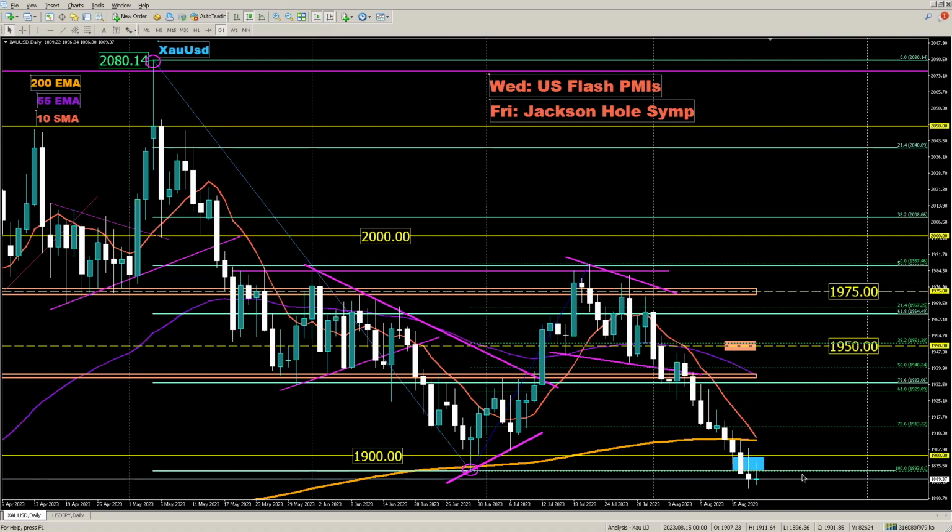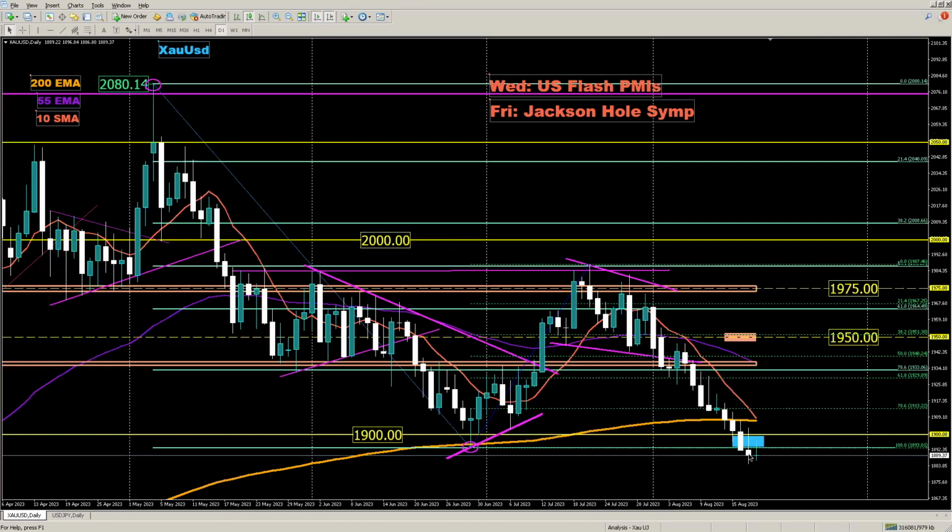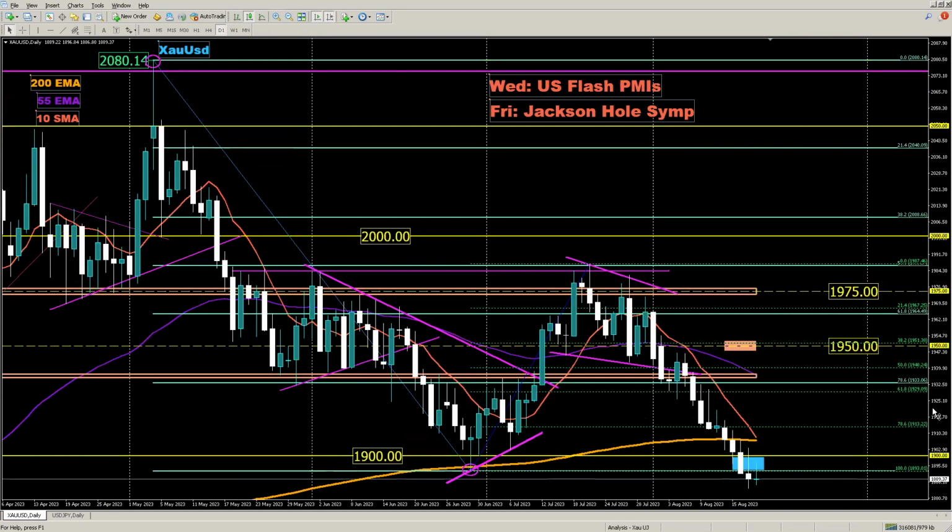So it's sitting precariously just below the swing low here. It really needs to find some support.